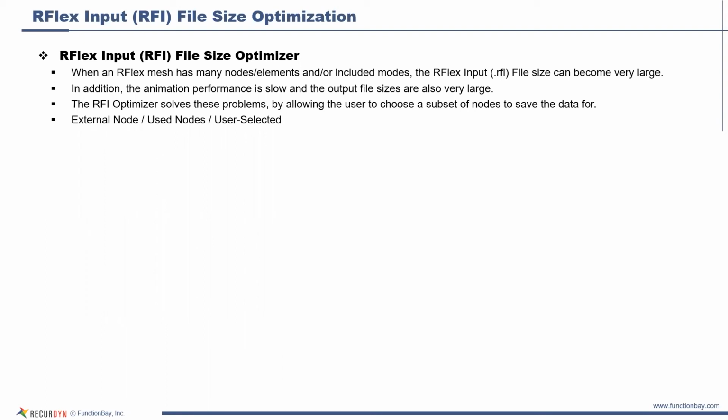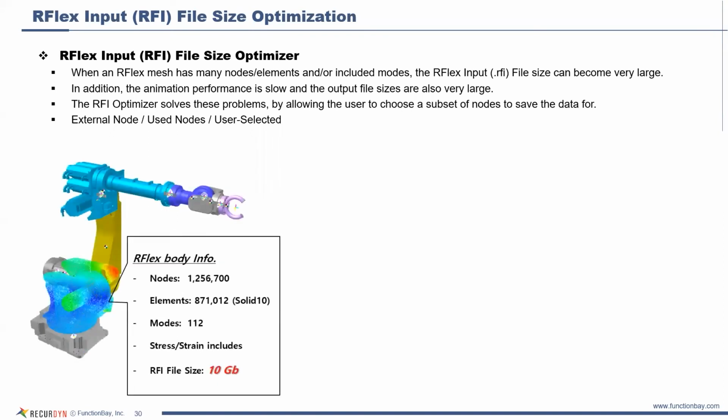Some of the options they can choose from are to only save data for the external nodes, or the used nodes that are used for joints and forces, or they can make their own custom selection of nodes to save the data for.